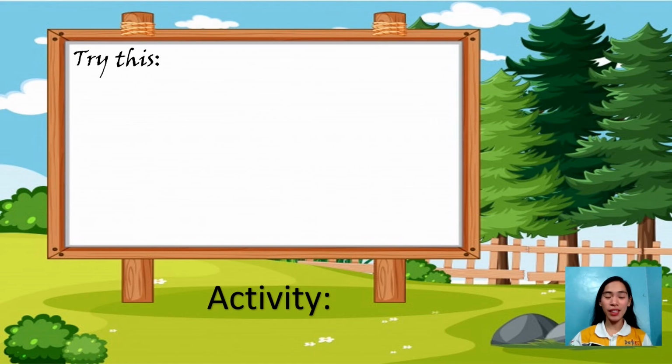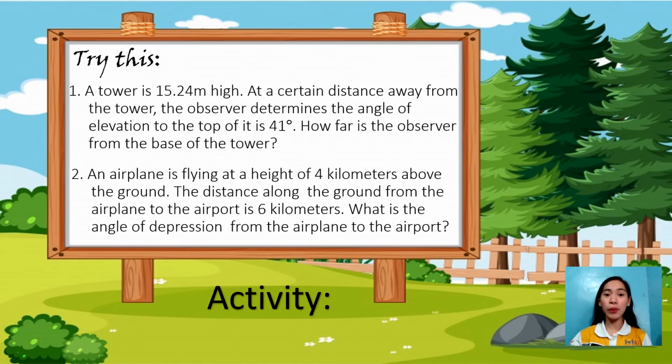For your activity, you're going to illustrate and solve the following problems. Number 1, a tower is 15.24 meters high. At a certain distance away from the tower, the observer determines the angle of elevation, which is 41 degrees. How far is the observer from the base of the tower?